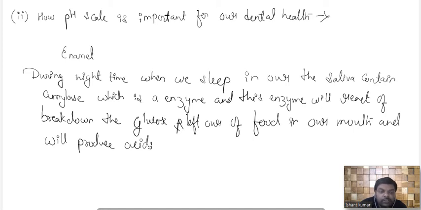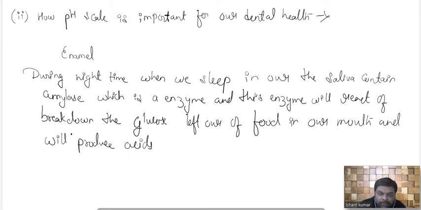And which glucose is present in our mouth? Generally we do not eat during night time, so how will glucose be present there? If we are not maintaining proper dental hygiene, meaning after eating food we are not washing our mouth thoroughly, then the leftover food will remain in the gaps of the teeth or in places where it can get deposited.